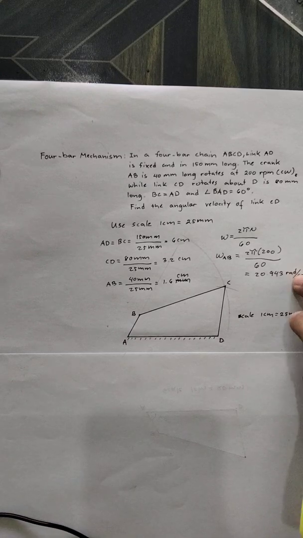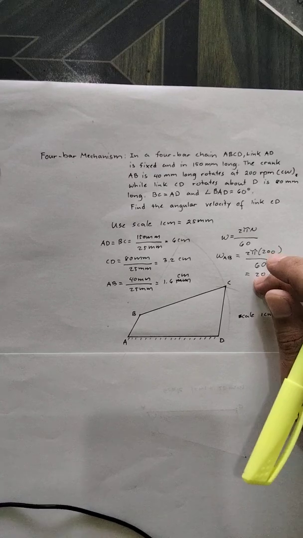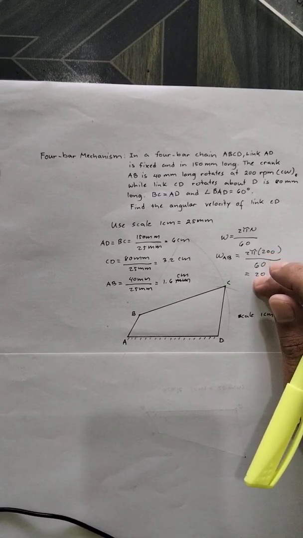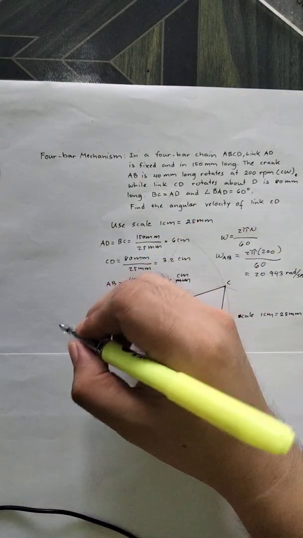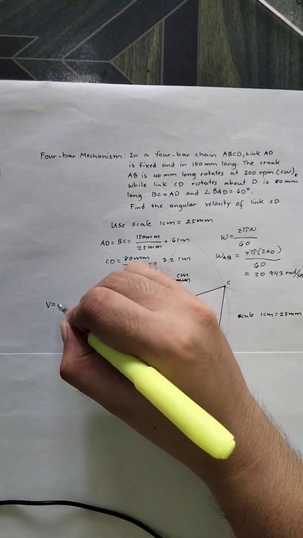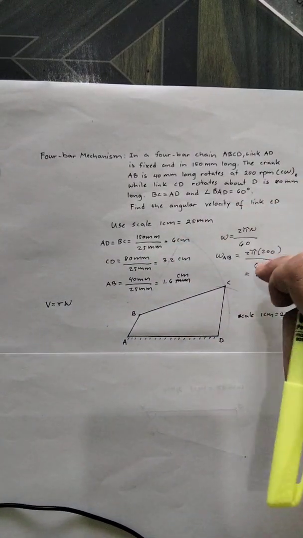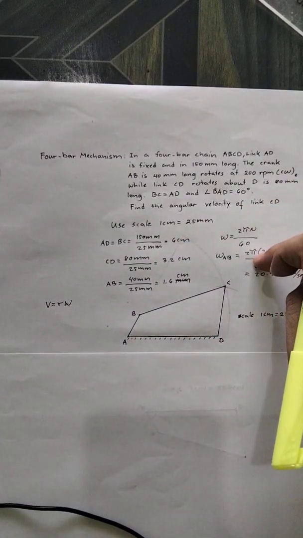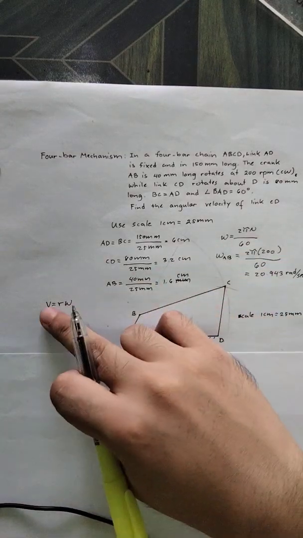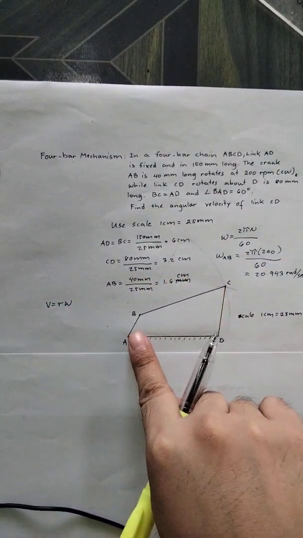Now, we know that the relationship between the angular velocity and the linear velocity is V equal to R omega. So what we're trying to do now is to determine the linear velocity of this link AB.